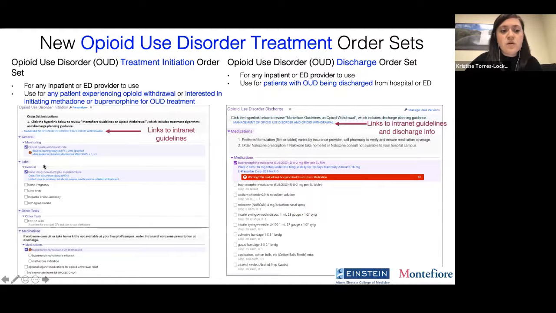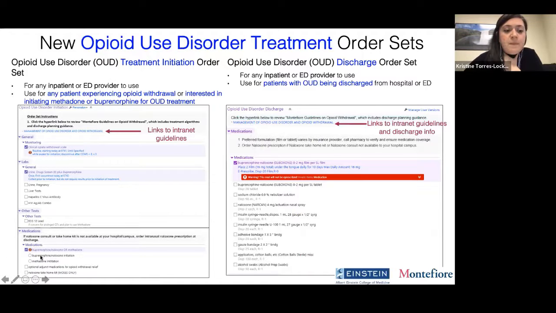It also includes orders for monitoring COWS, which are essentially the CIWA for opioid use disorder. It includes the labs that you want to order, but the most important one being a drug screen. It includes the order for an EKG if you're worried about QTc prolongation and using methadone. And then importantly, it includes all the meds.